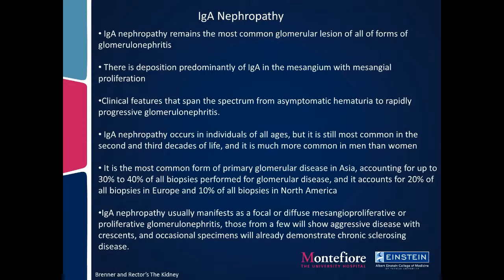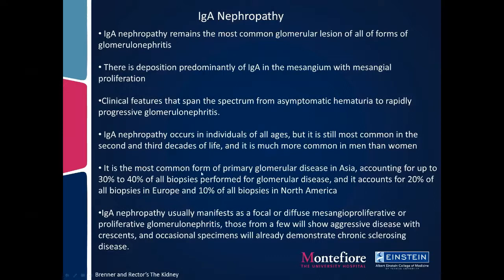It occurs in individuals of all ages, but it is most common in the second and third decades of life. So it is mainly a disease of younger men than older patients. So if you have a young man that is coming with hematuria and proteinuria, maybe a mild derangement in kidney function, the most likely diagnosis they have is IgA nephropathy.